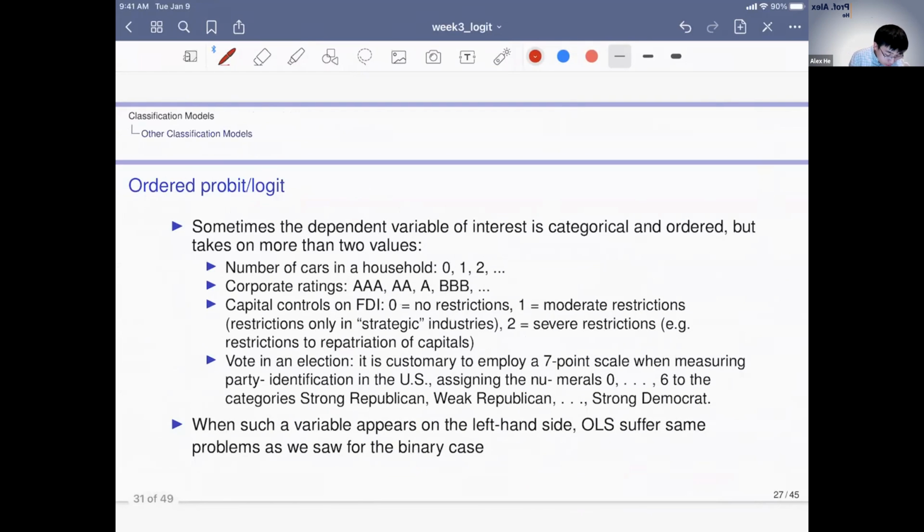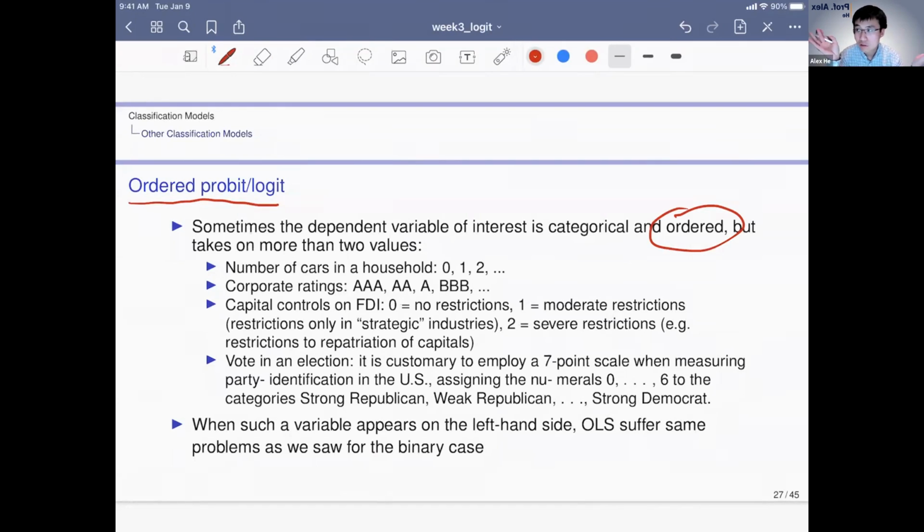And next, let's talk about ordered probit and ordered logit. So here, we also have more than 2 categories, okay? However, the difference between these and the previous case is that these categories are ordered, meaning that there is a natural order among them.